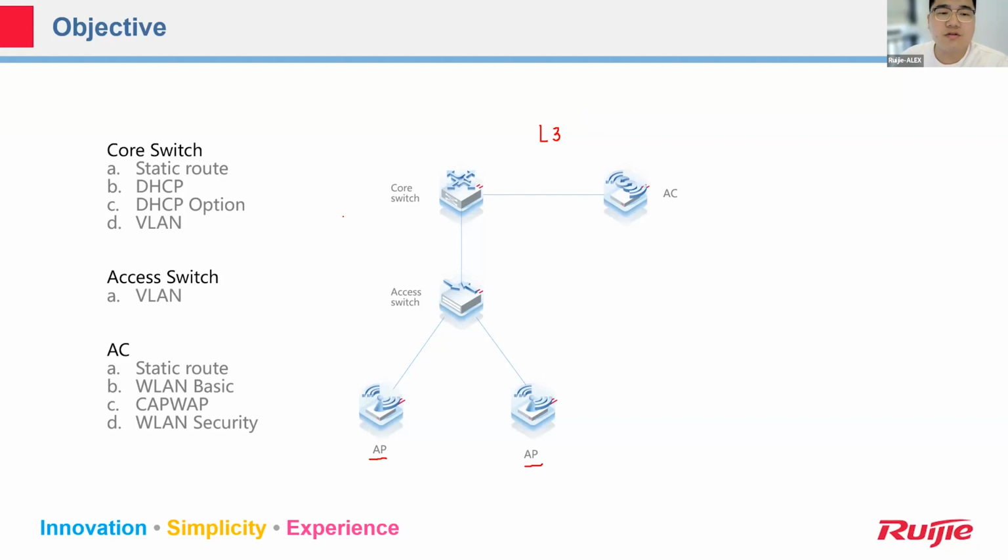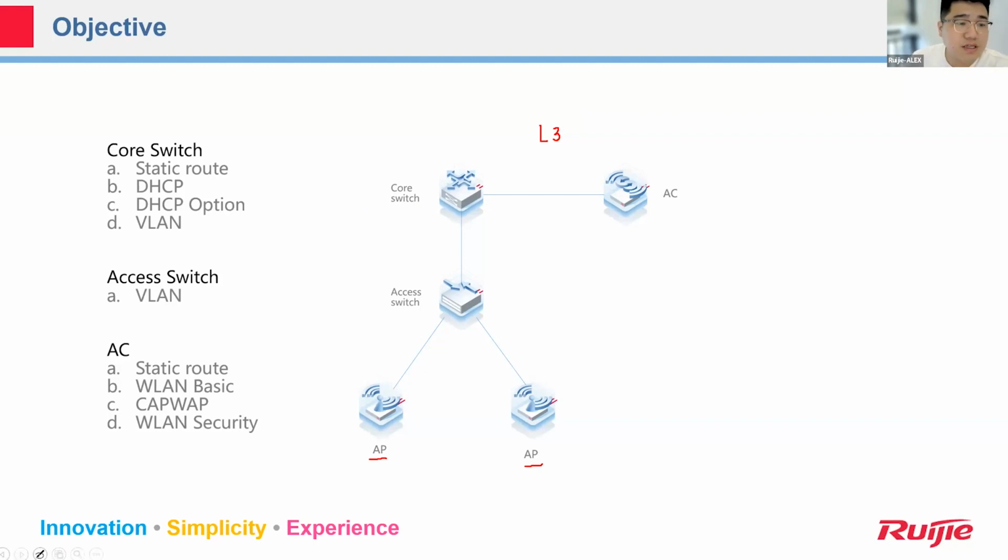The DHCP service is used to assign the IP address to each AP, because each AP should have a management IP address. And for some STAs, for some clients that access the network, they could get their IP address through the DHCP server, the core switch here.